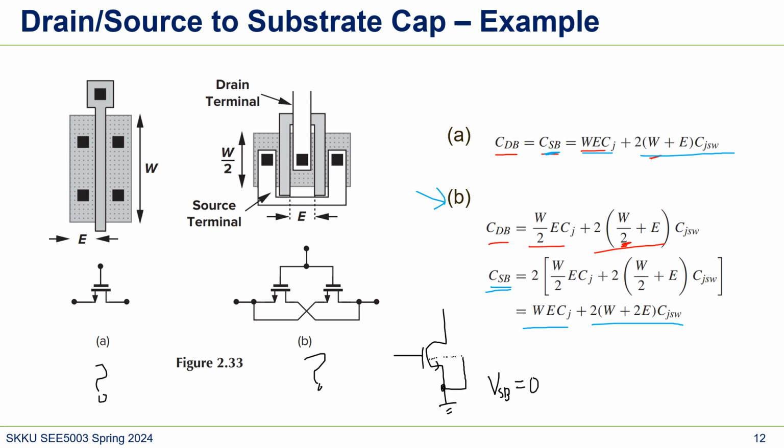We see this kind of situation a lot. So suddenly CSB doesn't matter because these two nodes are already connected, so we don't see a capacitance then.